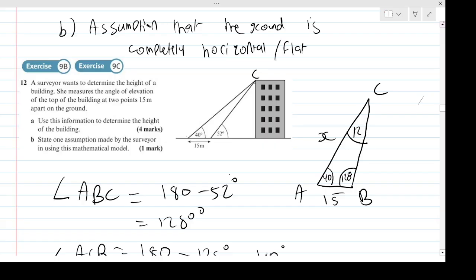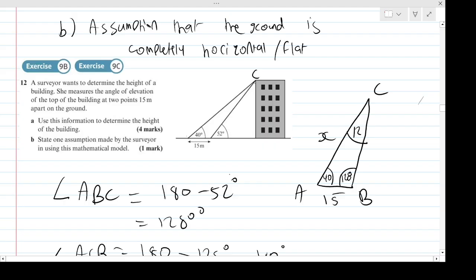Because obviously in reality you'd expect that the ground everywhere, like roads or paths, is not completely flat. They can have little bumps and edges, like that. It's a bit exaggerated, but it's not going to be completely 100% flat, is what I'm saying.